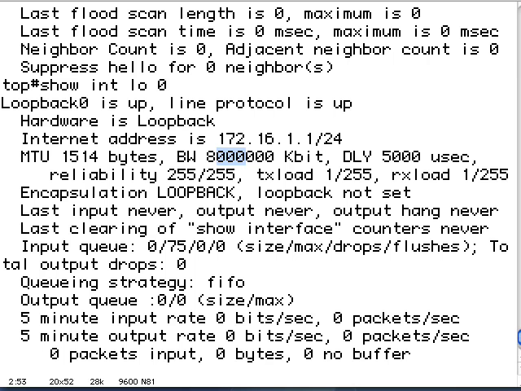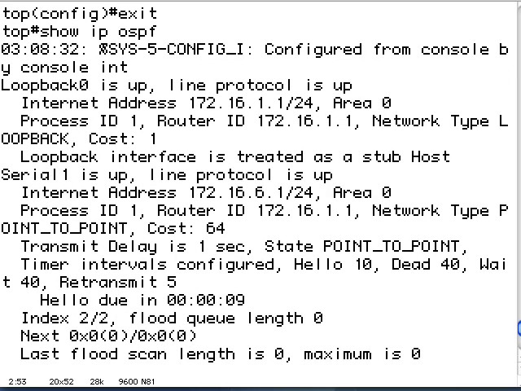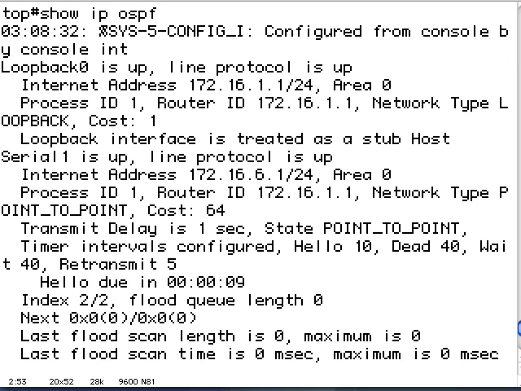So the cost is 100 megabits divided by the bandwidth, which is 8 gigabits, so that cost is well below 1, but you can't have a cost below 1, so it just assigns it a cost of 1. 1 is the smallest cost you can have other than 0, because cost is an integer.